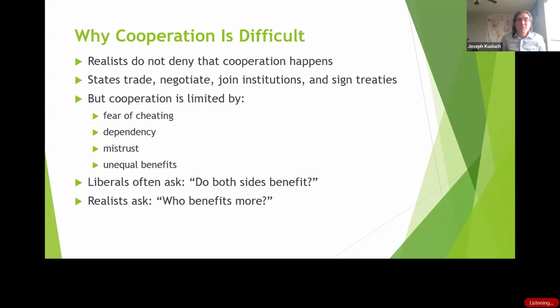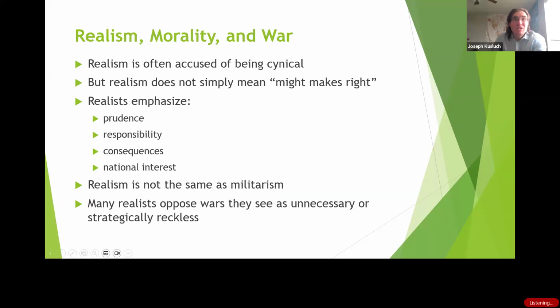So this helps explain why realism is often cautious about arguments that trade, globalization, or institutions automatically produce peace. Realists may accept that these things do matter, but they insist that security competition does not disappear simply because states trade with each other or belong to the same international organization.